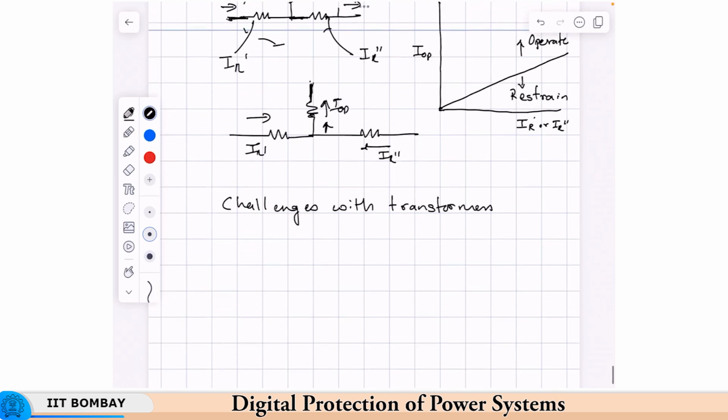And what are those? One is that the primary of the transformer carries the no load or excitation current.